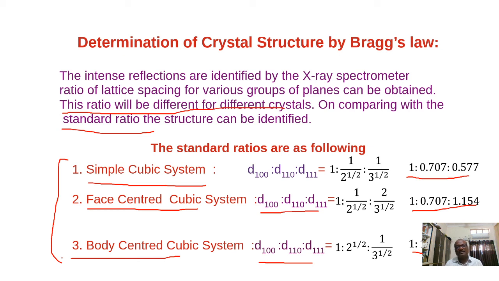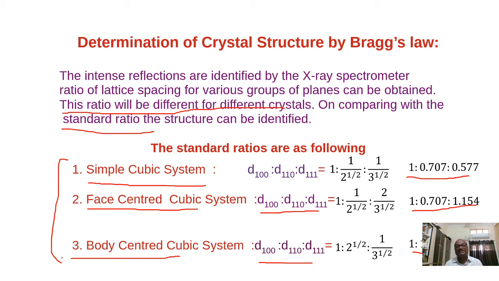Similarly, in case of a face-centered cubic cell, the ratio is 1 is to 0.707 is to 1.154. In the case of body-centered cubic cell, what is the ratio? It is 1 is to 1.414 is to 0.577. Like this, we can determine the crystal structure by Bragg's method.